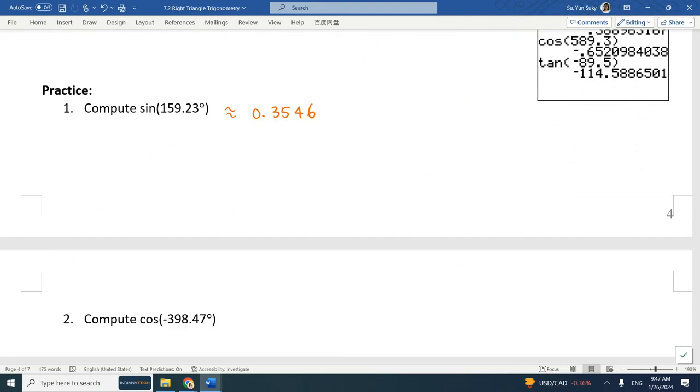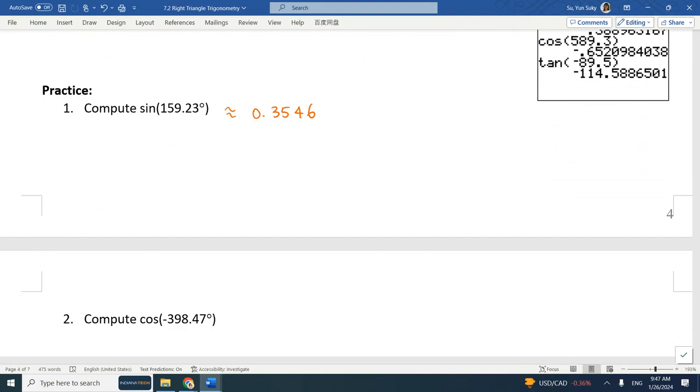Okay, here. So you press this, and then you see degree and radian. And switch that. And then right. You get it?